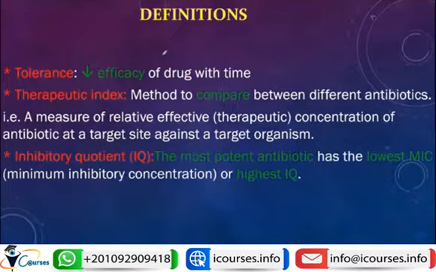As we give the drug in successive days, the receptors of the drug become tolerant to the effect of the drug. So the drug doesn't give its effect anymore. In order to overcome this, we need to increase the dose in order to reach the same therapeutic response that the drug used to give in the older days. So tolerance means that there is a decrease in the efficacy of the drug with time.